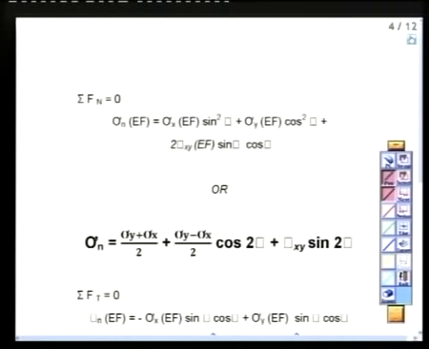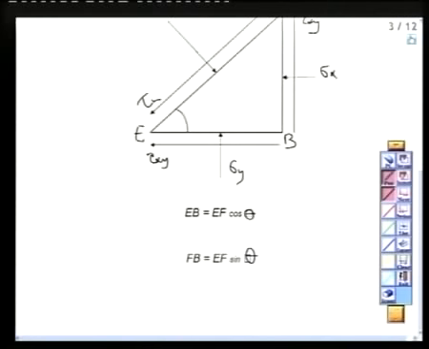The summation of forces in the direction of n is 0. Where is n? Here is n. This is the n direction, and this is the t direction. On the n direction, as you see, we have sigma n going down, while all other forces are going up. If the sum of them is 0, then the one going down equals all the others.